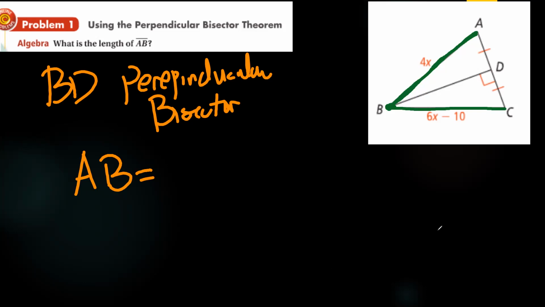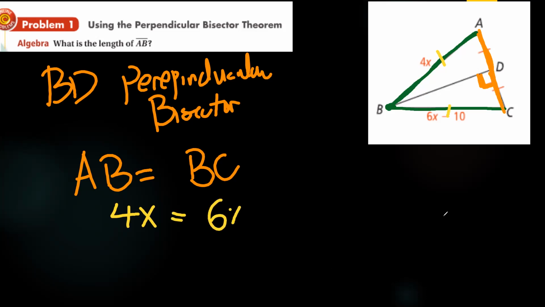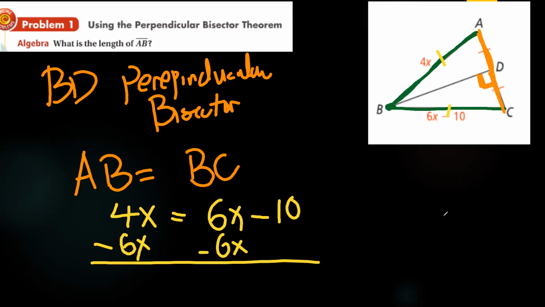Since BD is a perpendicular bisector, cutting it into two equal halves and perpendicular on it, these two sides will be equal. So 4x will be equal to 6x minus 10. Then negative 2x is negative 10. So x will be 5.